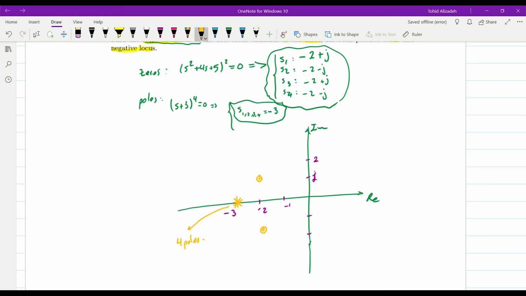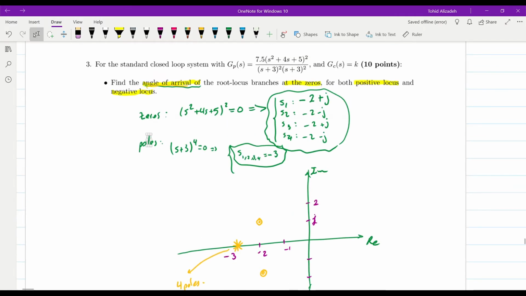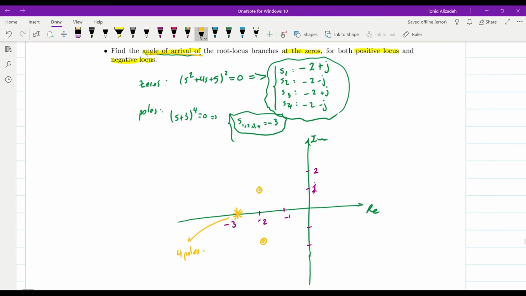Since we are going to find the angle of arrival of the root locus branches at the zeros, we will apply the phase condition, which is phase of n over d equal to phase of minus 1 over rho in the vicinity of the zero. Let's do it for the zero at minus 2 plus j. I'll take a test point very close to that zero.